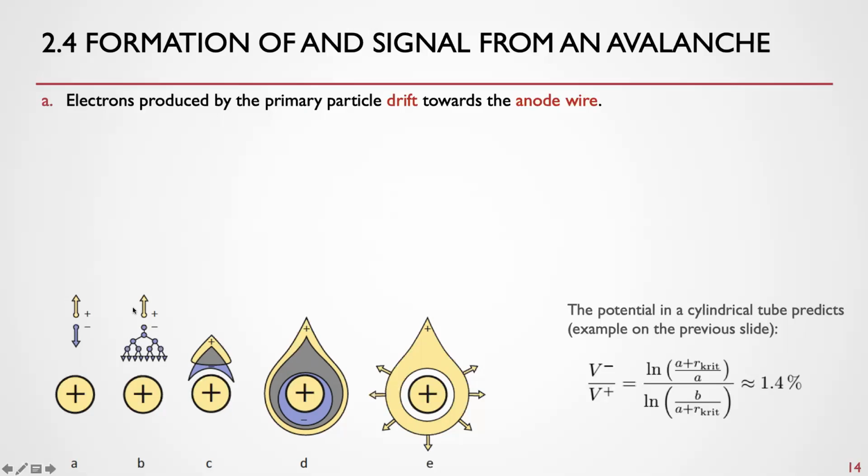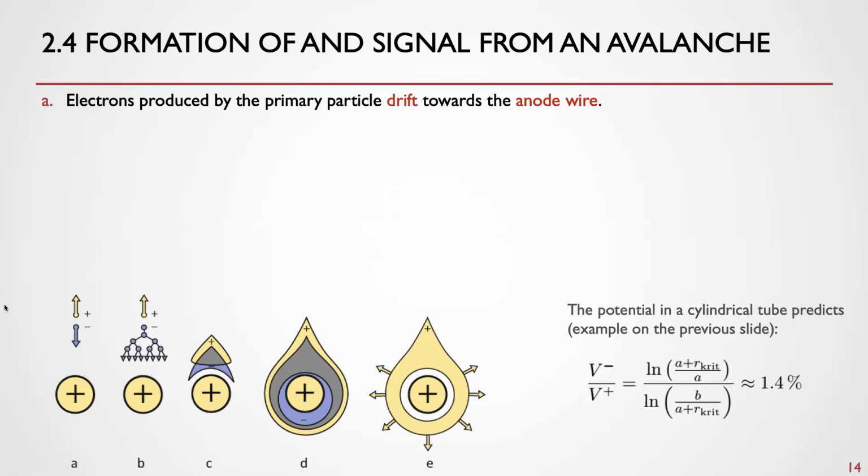The electron approaches the wire, and below the critical, detector-dependent, material-dependent, gas-dependent threshold, it begins to form secondary ionization. So here it has an energy that's high enough to ionize further gas molecules.